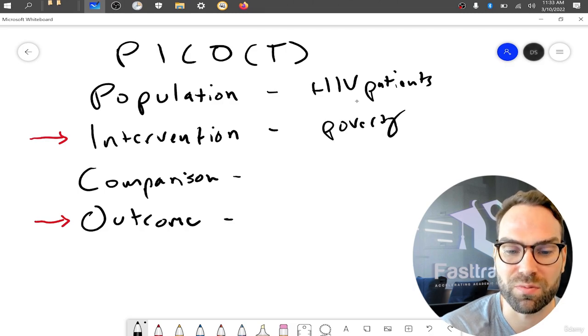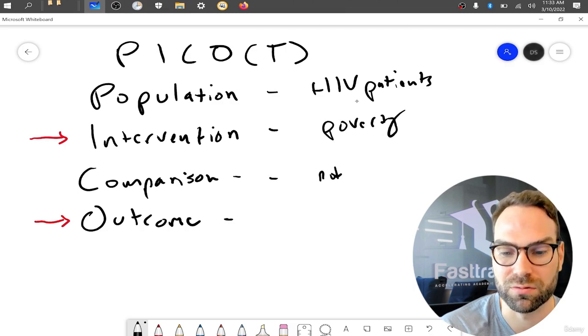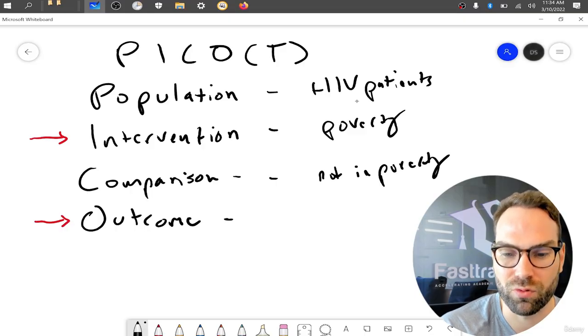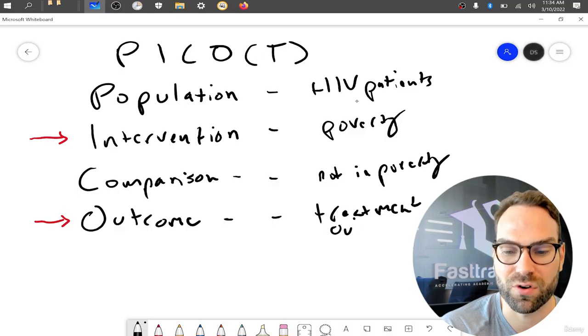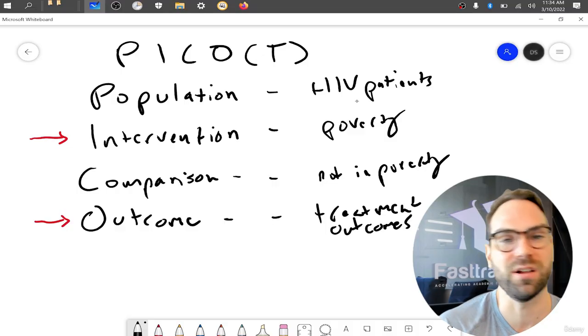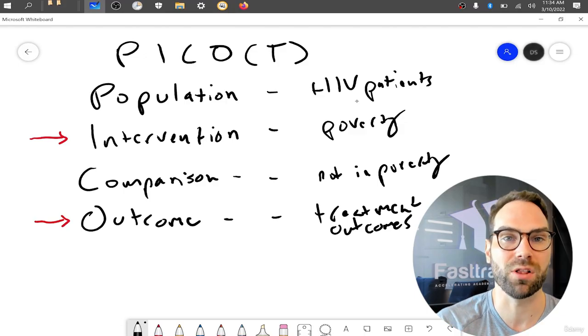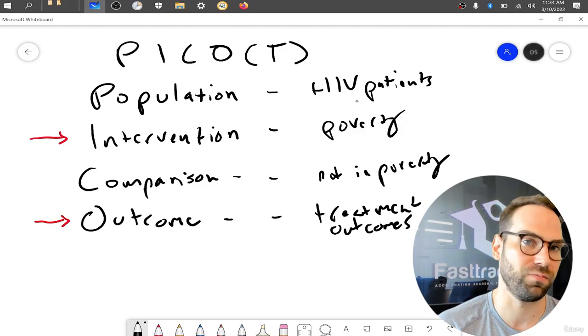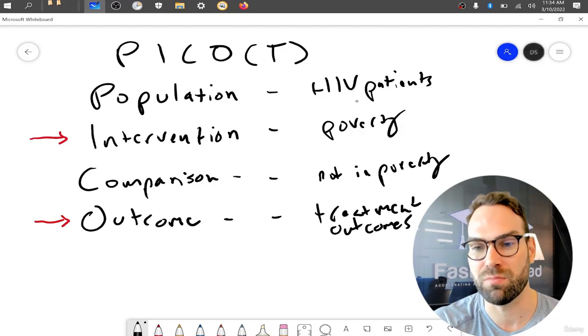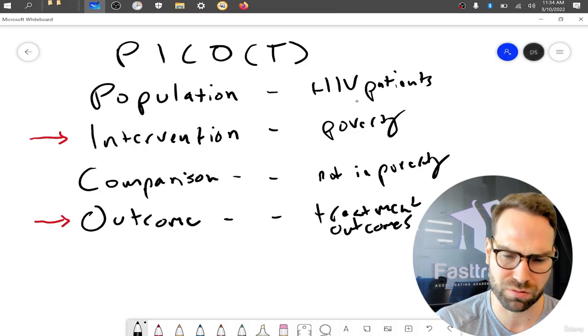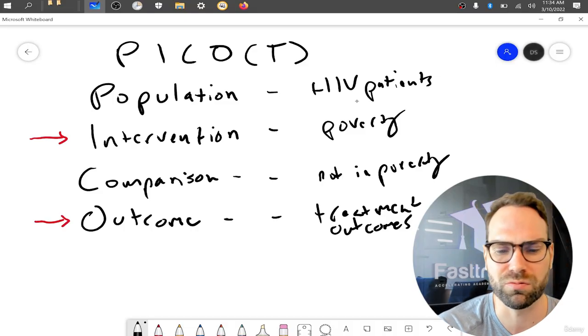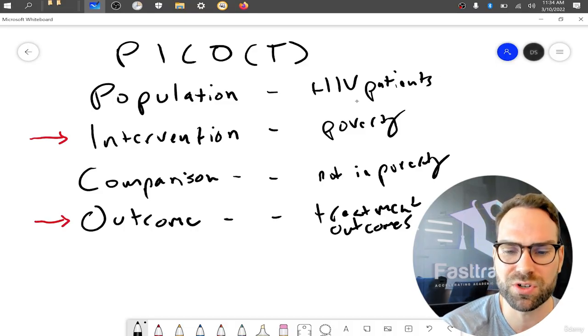My comparison would be people not in poverty, or maybe wealthier groups. And my outcome would be, well, how do they respond to treatment? So it could just be treatment outcomes, which I might further define in a more crisp biological way of maybe immune cell counts or other things. Don't want to go into detail on the medical side, but you want to see each of these components.